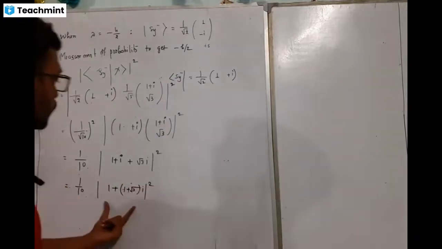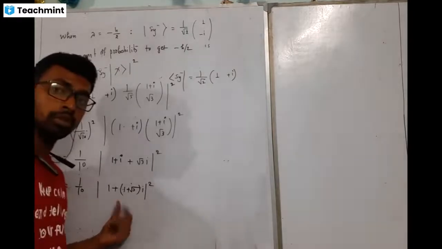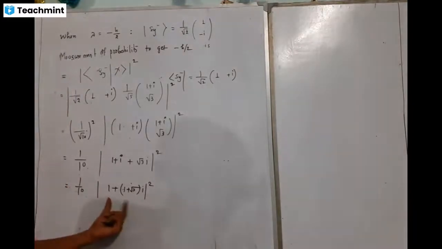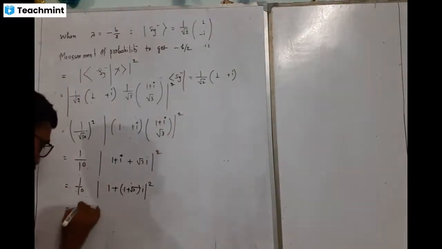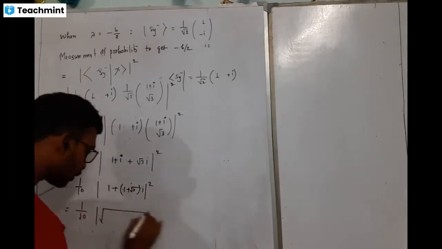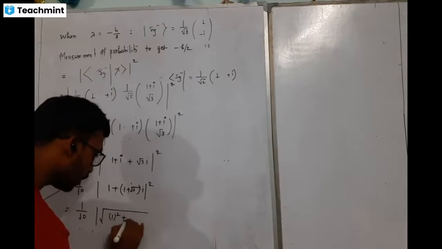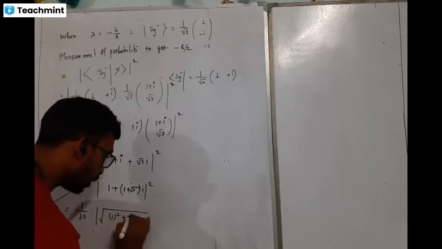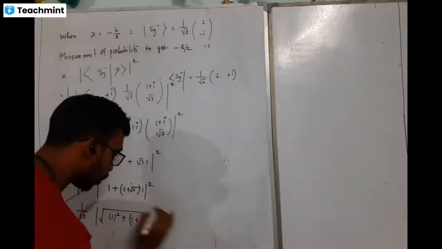So now we calculate the mod of this complex term. It is equal to 1 upon 10 times mod of root under (1 square plus 1 plus root 3 square), mod square.